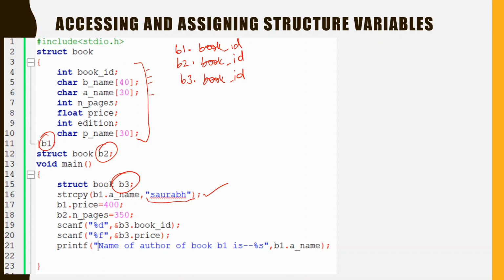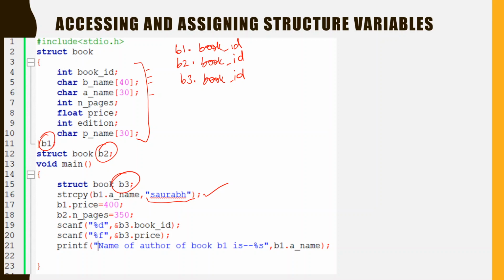Then we have b1 dot price equals 400, assigning the price of the first book to be 400. Then b2 dot n pages equals 350, which means the number of pages of the book b2 is 350.